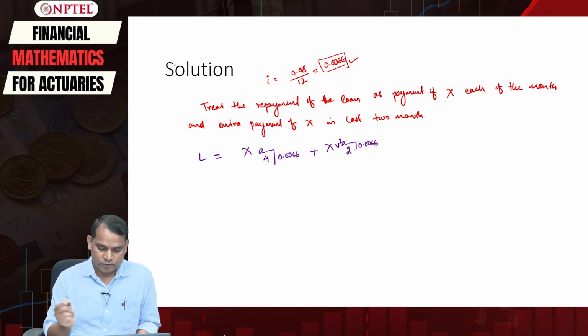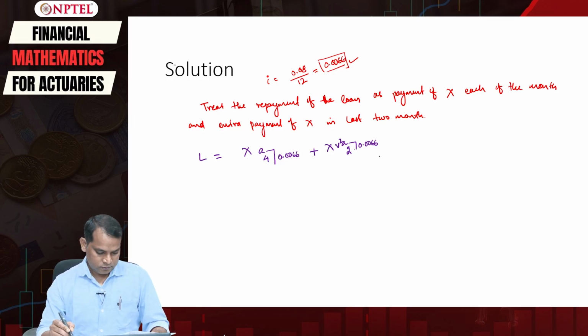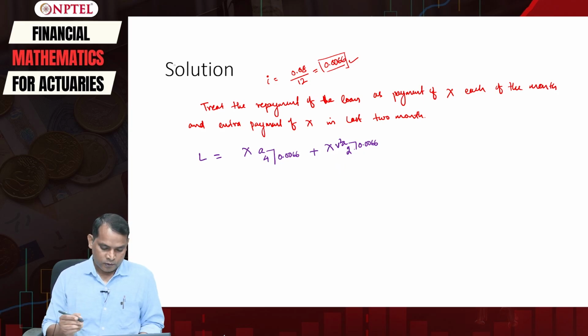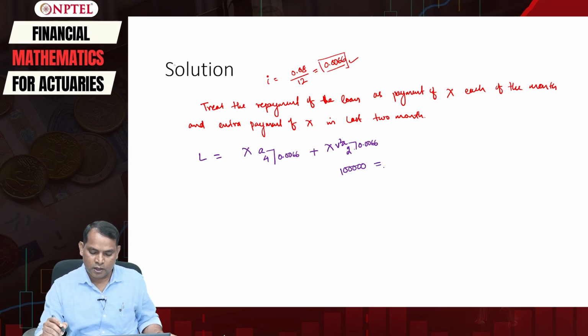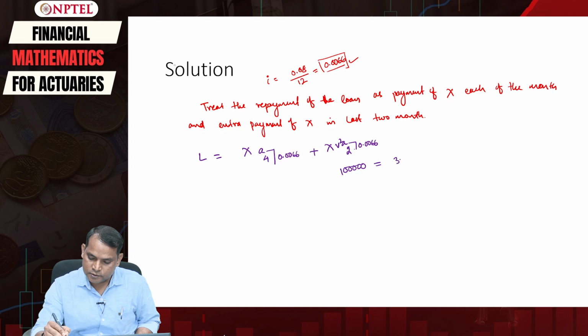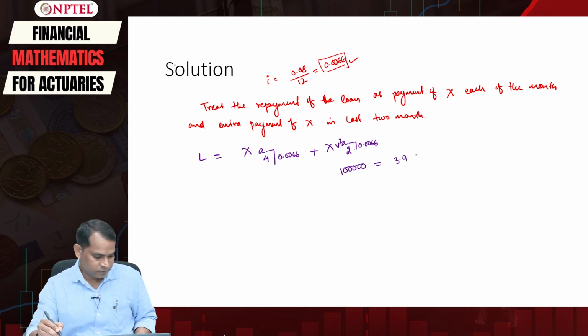Now we have to compute the process. So this can be computed as L equal to, and what is L here? L is 1 lakh rupees. Then we will compute this one, which will be 3.9349.